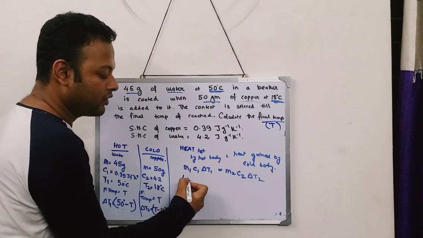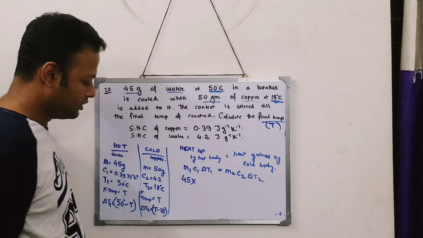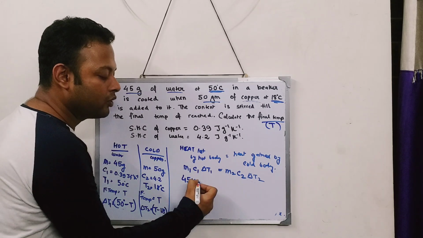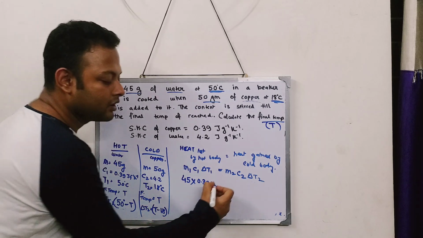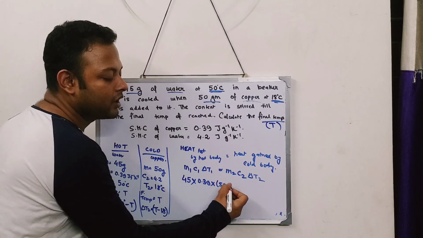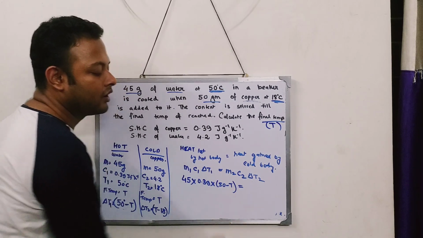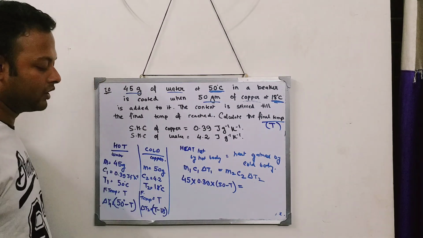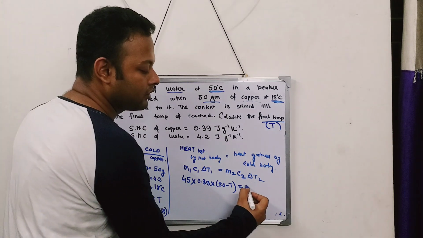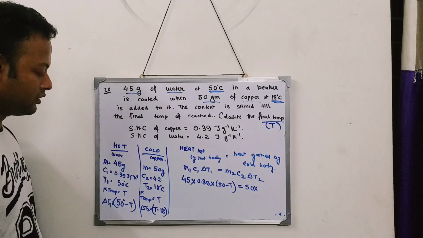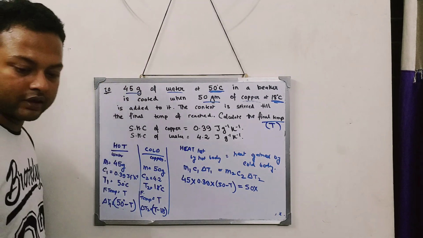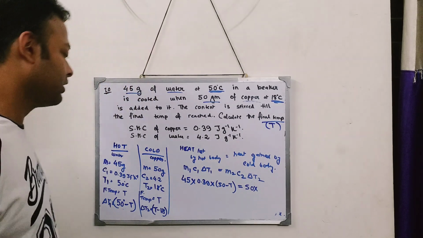This will come as 45. This C will come as 0.39 and this delta T will come as 50 minus t, and over here m2 value is given as 50. This c value is given as, okay, I think I made a small mistake.